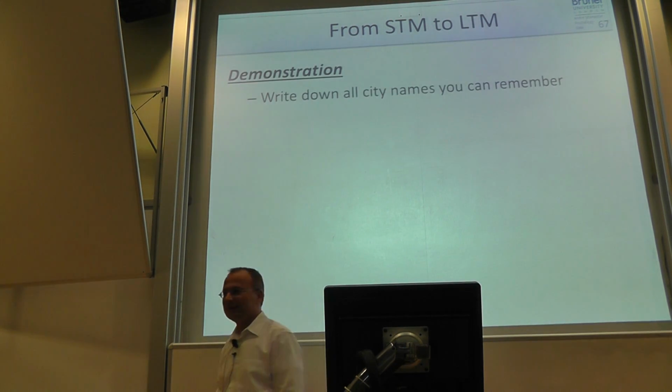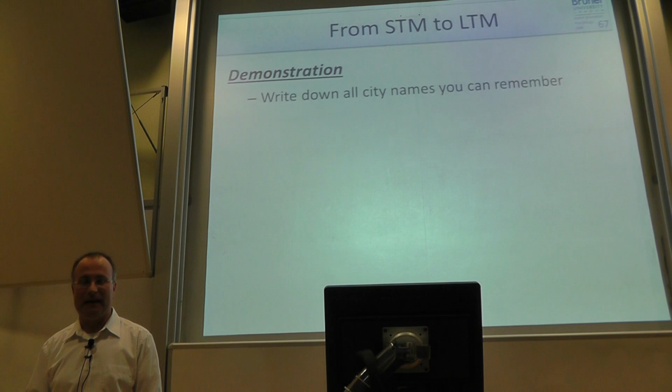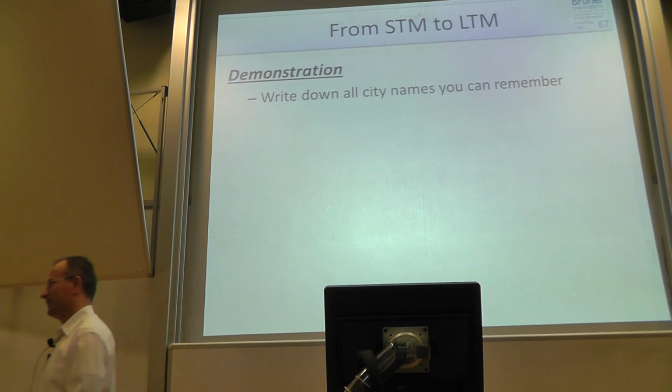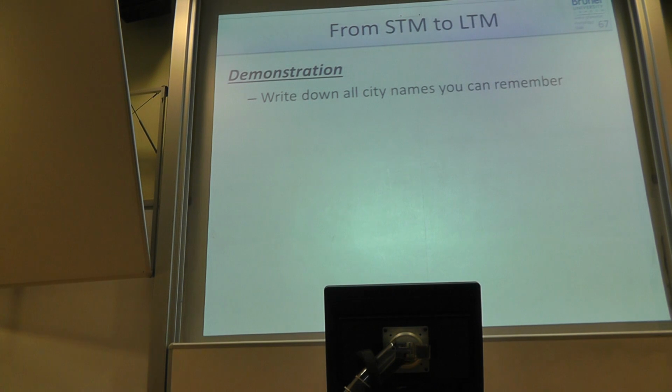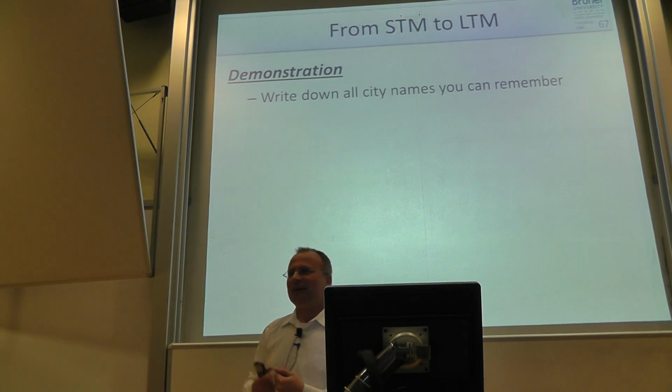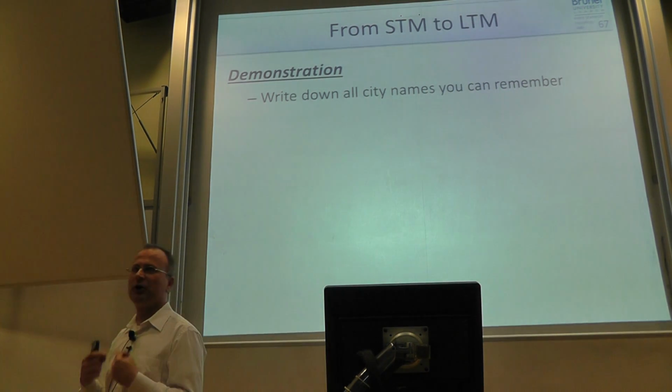Okay, same thing for the city names. Please write down all the city names you can remember. And try to use, again, the retrieval cues from whatever strategy you used to encode it.